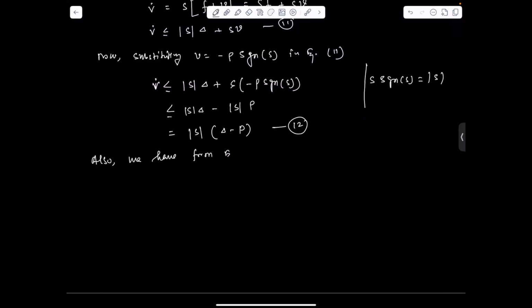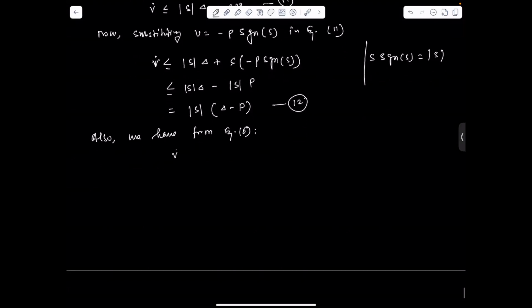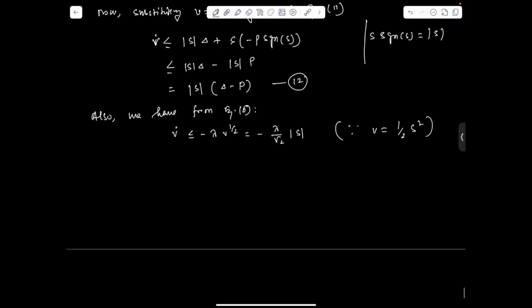From equation 6 we have V dot less than or equal to minus lambda V to the half, which equals minus lambda root 2 times mod s, since V equal to 1 upon 2 s square. This is equation 13, so now we can compare equation 12 and equation 13.